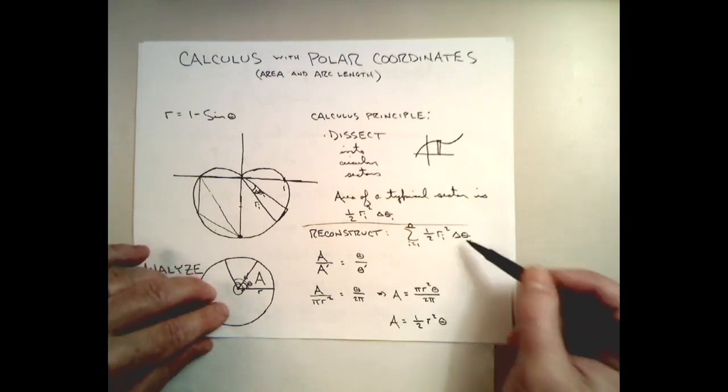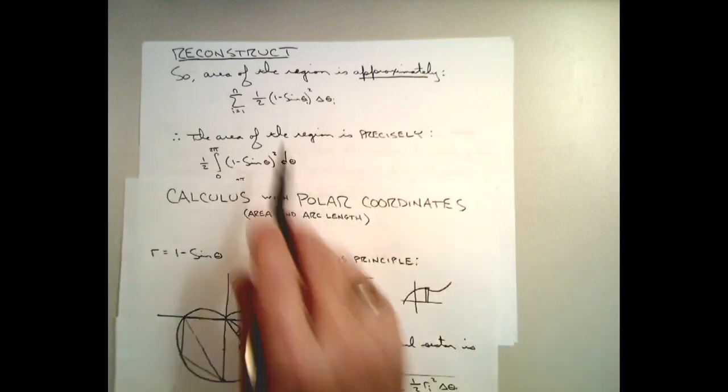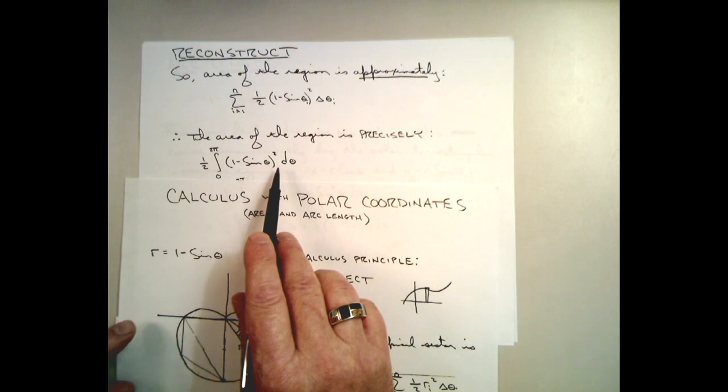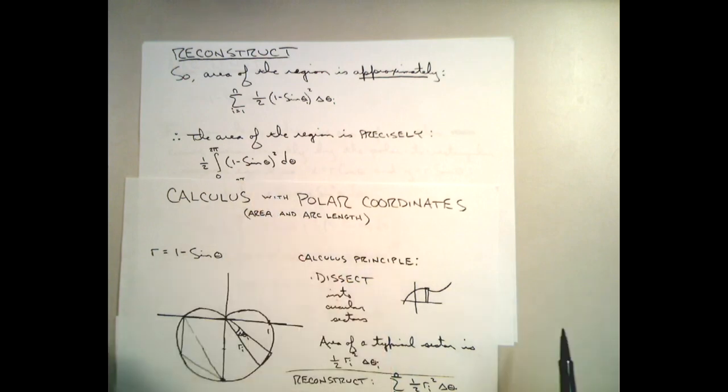And since this Riemann sum gives us approximately the value of the area, we can evaluate the area precisely with the definite integral.